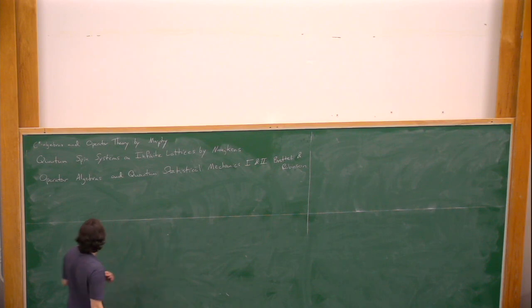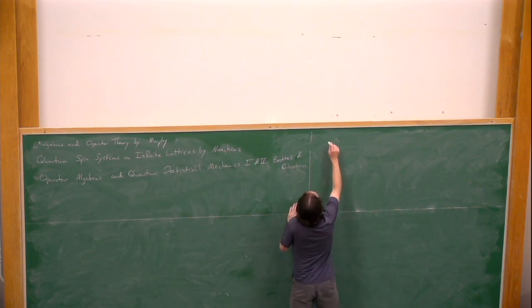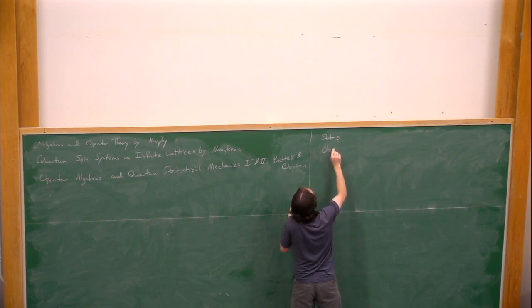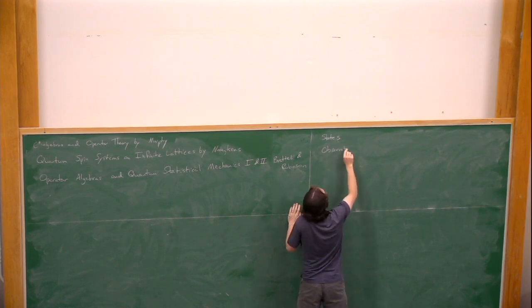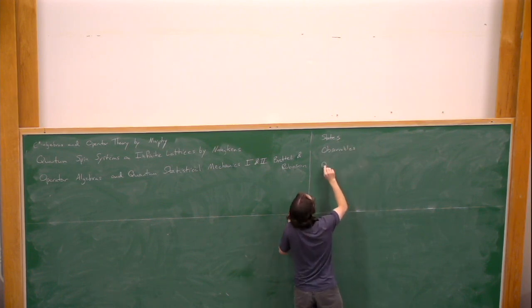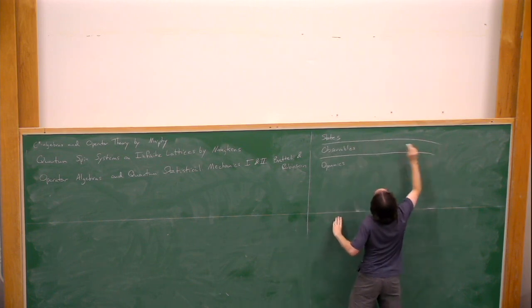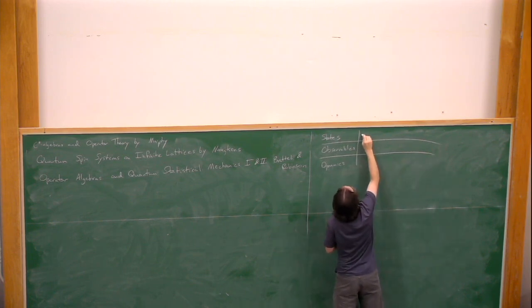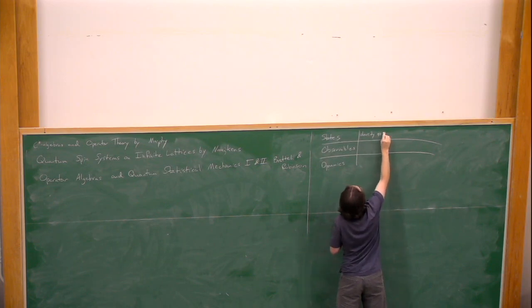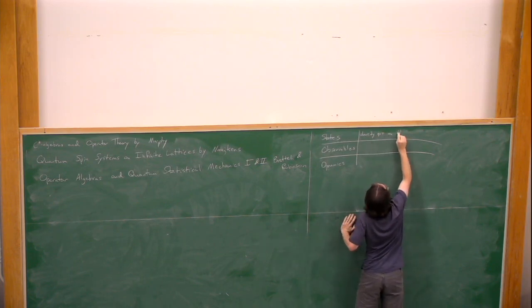Okay, so let me continue now with my lectures. Right, we started with this table. We have states, we have observables, and we have dynamics. In the Hilbert space formalism, in the most generality, the states are density operators on Hilbert space.